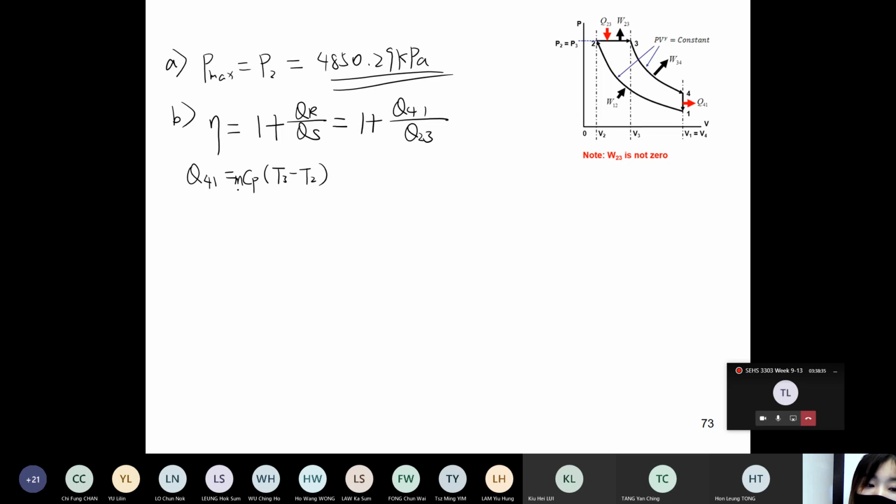We have the mass, but we don't know the mass of the air. We don't know the amount of air, although we know the value of Q, the heat supply.